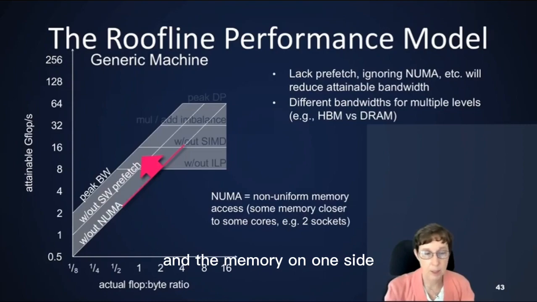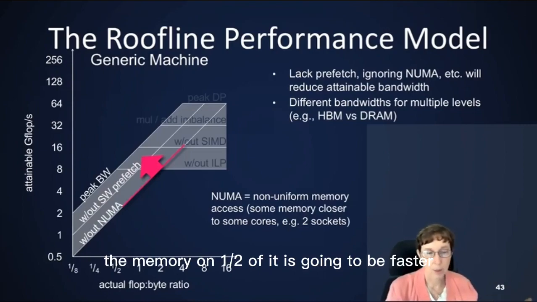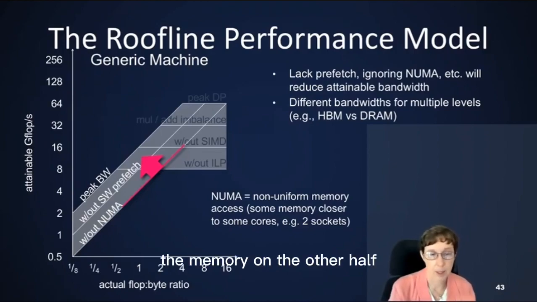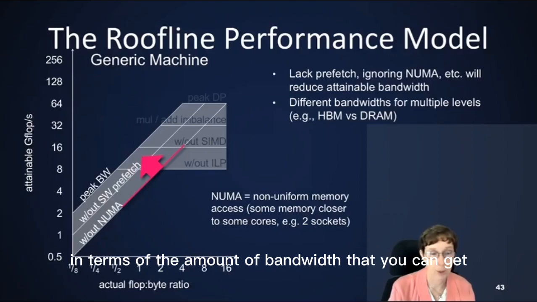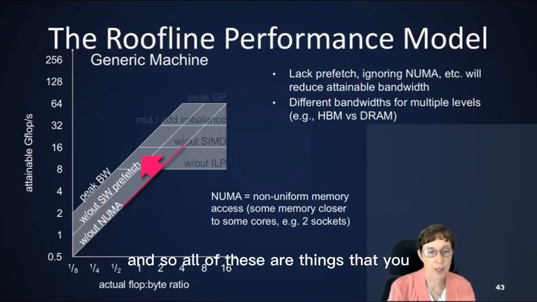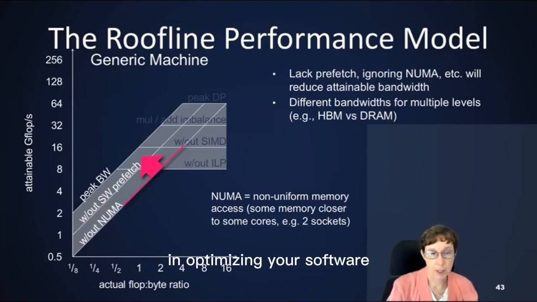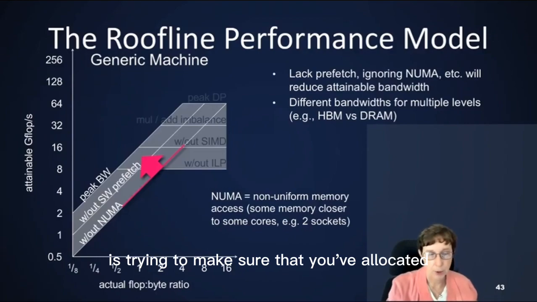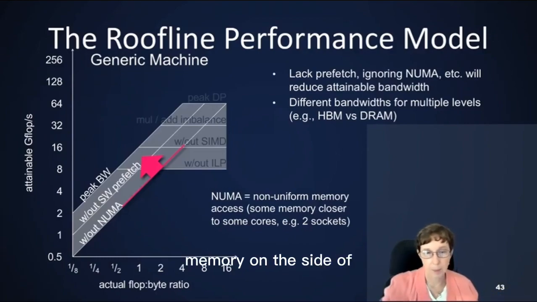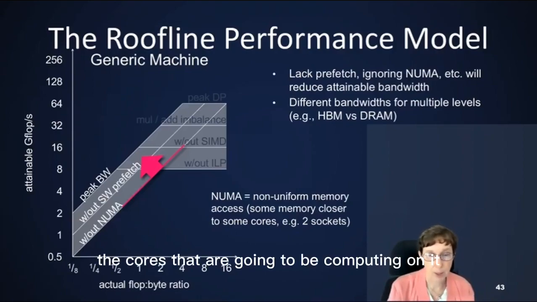Although all the memory is accessible by the processors, the memory on one half is going to be faster to access than the memory on the other half in terms of the amount of bandwidth that you can get and latency. And so all of these are things that you might want to carefully optimize for in your software, trying to make sure that you've allocated memory on the side of the cores that are going to be computing on it.